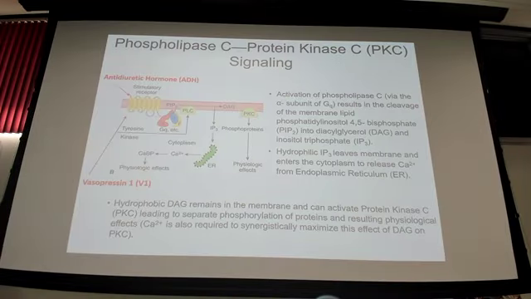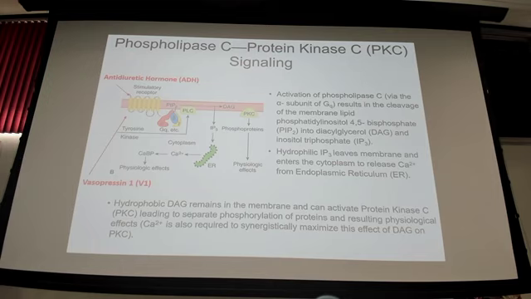All right. So in this case, if you had vasopressin, antidiuretic hormone would bind to the receptor, causing the dissociation of that alpha subunit from the beta gamma. Phosphatidylinositol bisphosphate will be cleaved into DAG, which will hang out in the cell membrane.